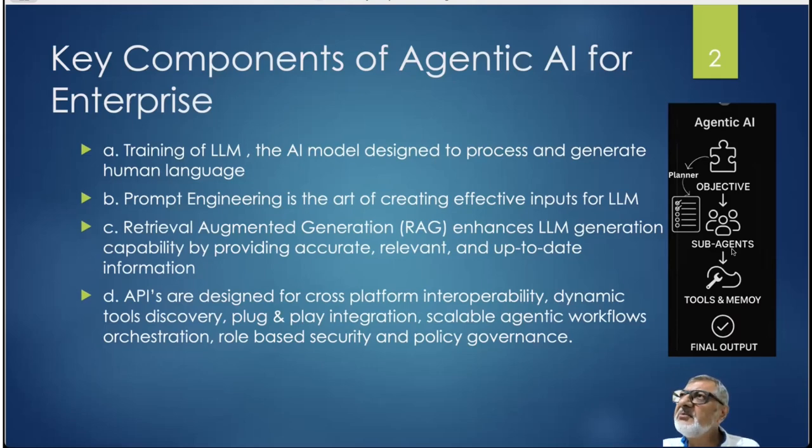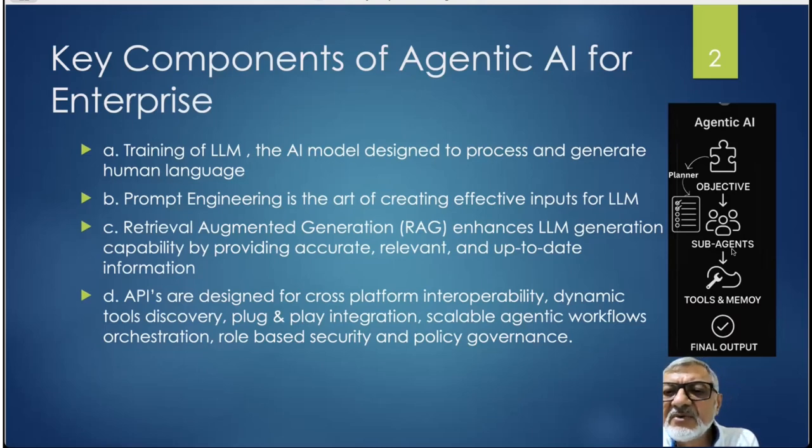Another most important part of agentic AI is the APIs. APIs are designed to integrate cross-platform agents, to integrate agents with software or with other apps or websites.